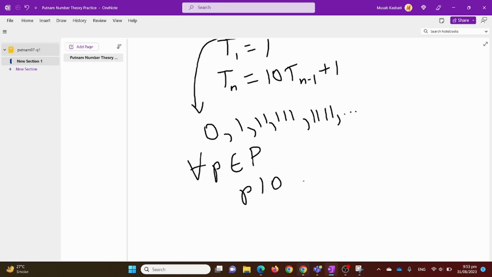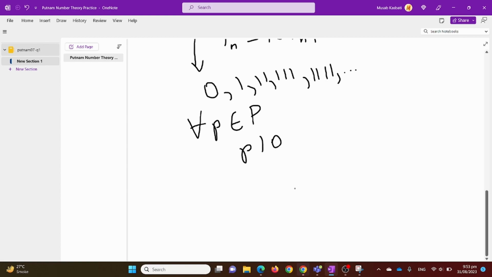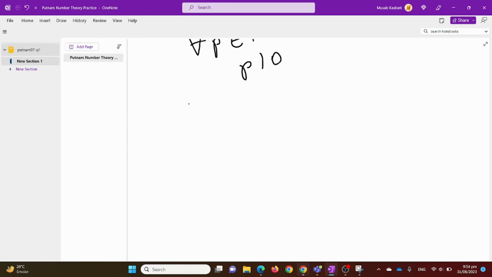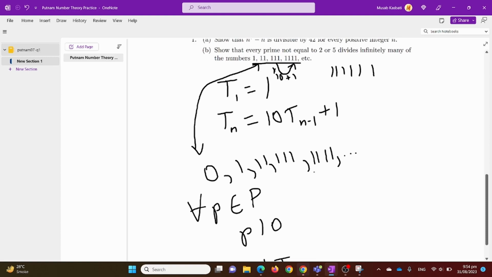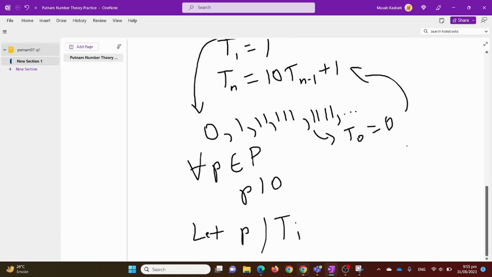Now, another fancy thing that I'm going to try to show is this. I made the claim that if p divides some term i, then p divides some other term, term j to be exact, where j is greater than i. Also, just to clarify, in here I'll call t of 0 equals 0, and then I'll use this same recursive definition, because I know 0 times 10 plus 1 is just 1, right?